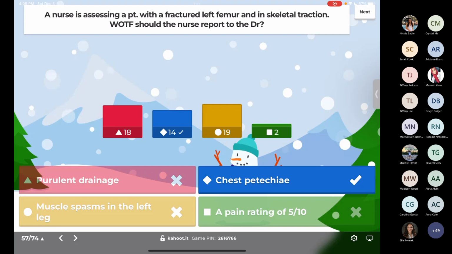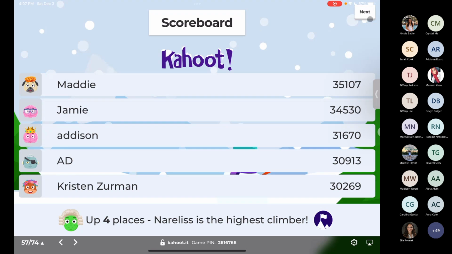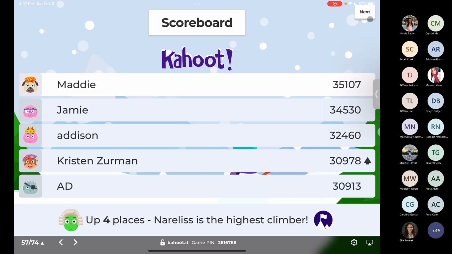I would report their lab values; that drainage isn't enough. Muscle spasms are also expected because they are in skeletal traction, and additionally, they are going to be in a bit of pain. But we're talking about priority, and that chest petechiae is very indicative of a fat embolism, which we know is common after bone surgery.